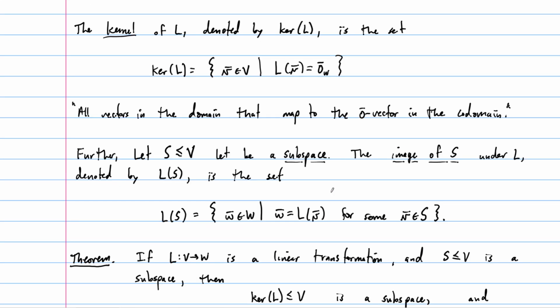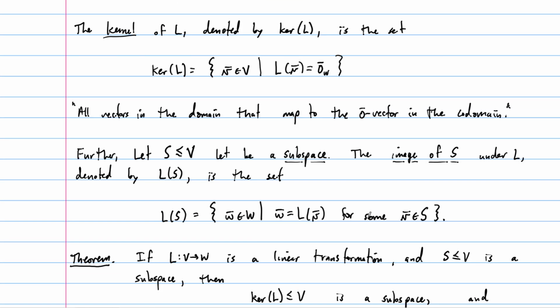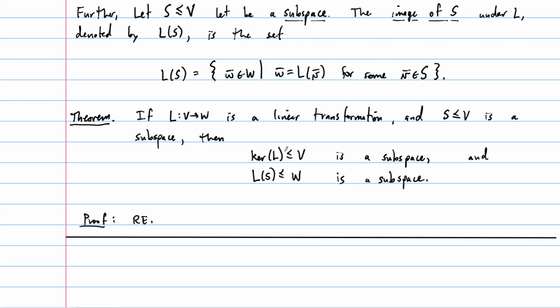So remember that the criteria for checking a subspace are that the subset has to inherit the vector addition and the scalar multiplication of the total vector space, the ambient vector space, right? The defining property of a linear transformation is essentially the same, right? That the transformation has to preserve the vector addition and the scalar multiplication within the respective vector spaces.